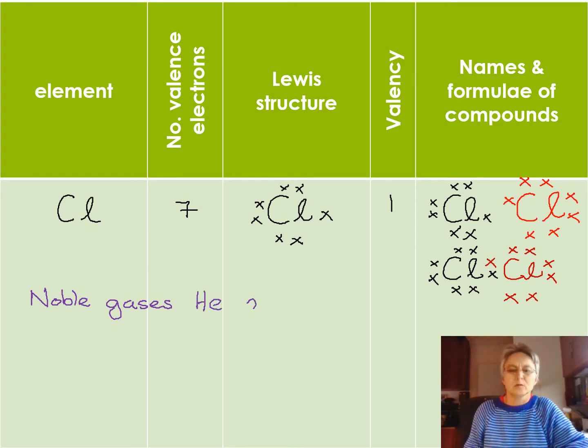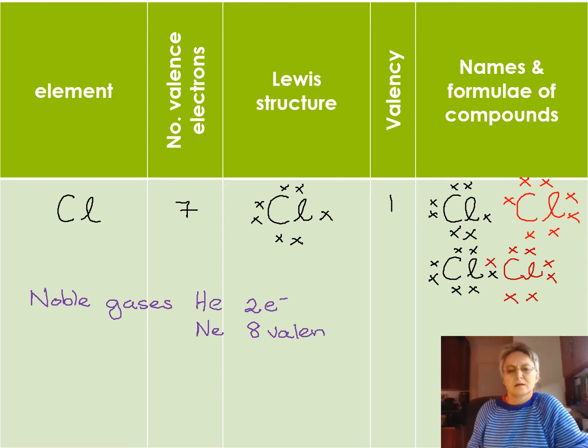It is stable with 2 electrons. Like hydrogen would be stable if it's got 2 electrons, like in the first example we did. All the others, like neon to argon, have 8 valence electrons. So when an element has 8 valence electrons, it is stable.